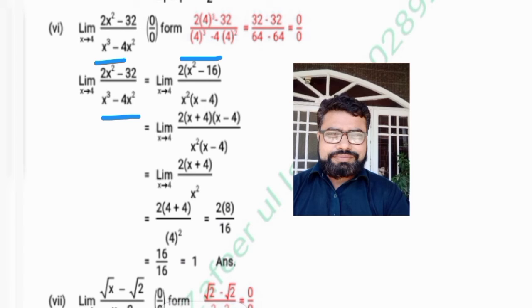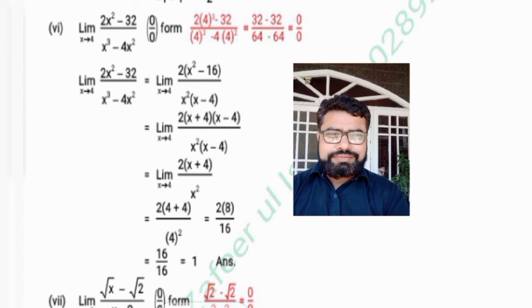Highest power of x is x square in the denominator, so we will take x square common from the denominator, and after taking x square common from x cube minus 4x square, we have x minus 4 inside the bracket. 4 square, that is 16. So we can apply the formula of a square minus b square, that is a plus b, where a is x and b is 4, and a minus b. So x plus 4 into x minus 4. And there is 2, so write 2.